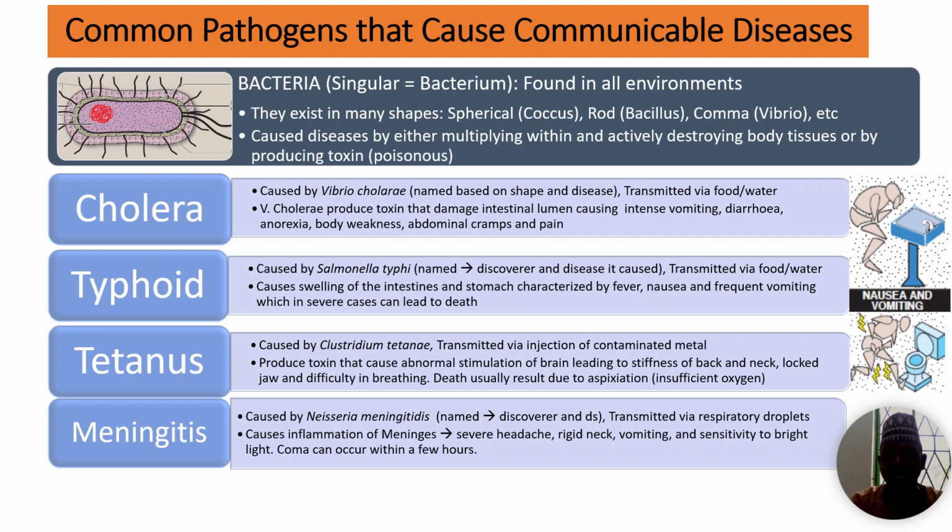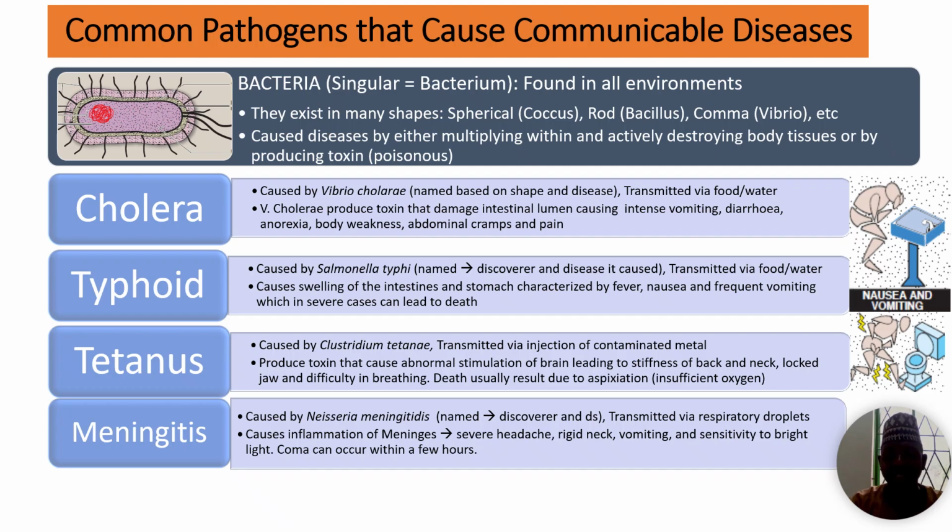So when a healthy person inhales this droplet from the air, the bacteria penetrate the epithelial lining of the upper respiratory tract, the nasopharynx, and finally enter into the bloodstream, where they rapidly multiply, causing fever and general body weakness.